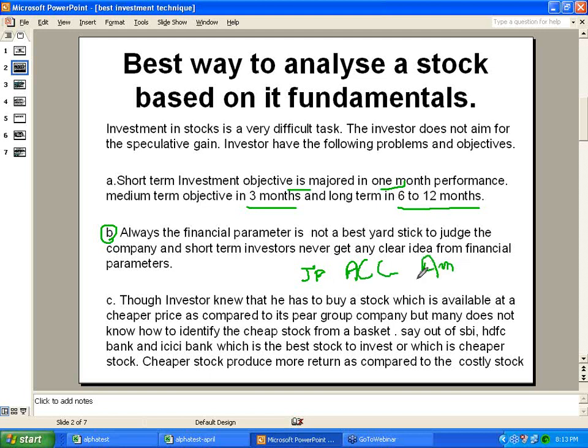So these three are cement sector companies. At any point of time, if I made up my mind to invest some money in the cement sector, which company should I choose? JP Associate or ACC or Ambuja Cement? Which one will be my choice?